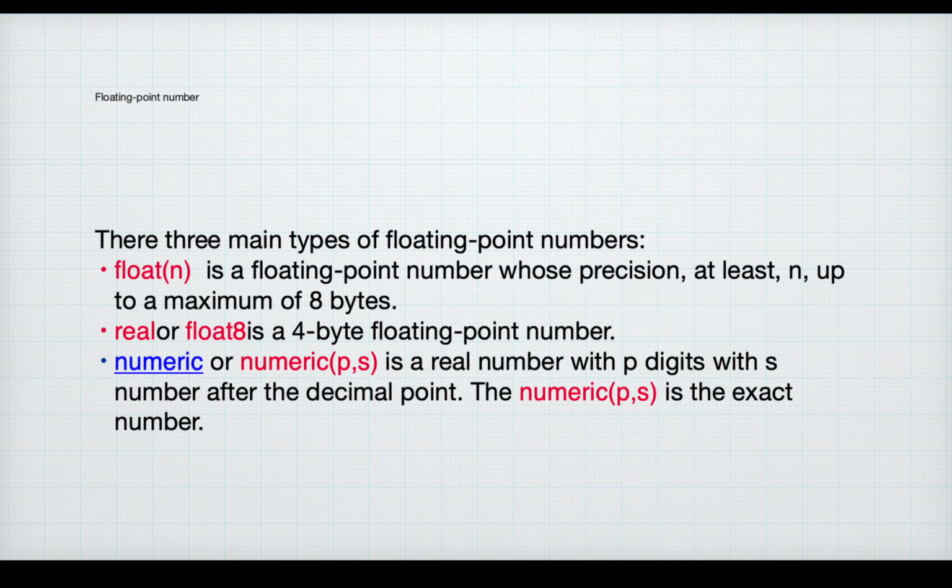So there are 3 types of floating point data types, which is float, which lets you specify the number of precision points after it, let's say two decimal places or whatever that is in there, and then we have real, or float4, which is also 4 bytes that you can put values in there.